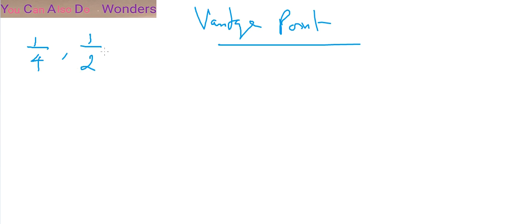Whatever the quantity we are talking about, we divide that into 2 equal parts, then 1 out of those 2 parts is one half. Similarly, 3 by 4 is 3 parts out of 4 parts.